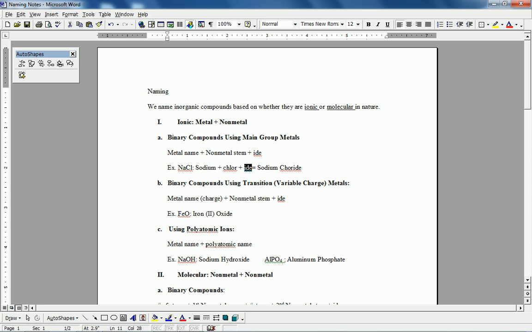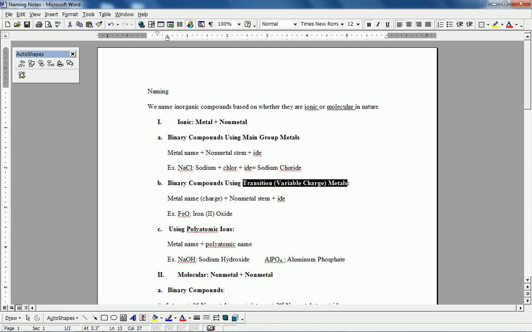In the case of a binary compound that contains, of course, a metal and a nonmetal, again an ionic combination, but uses the short columns that contain metals, the transition metals, or sometimes we call them variable charge metals, we need to follow the exact same pattern, but we have to give the charge of the metal, because we don't always know it. It's not a fixed charge like in the main group metals where we always know the charge, but in transition or variable charge metals, as the name would indicate, they are always in transition from one charge to another, or they're variable in charge.